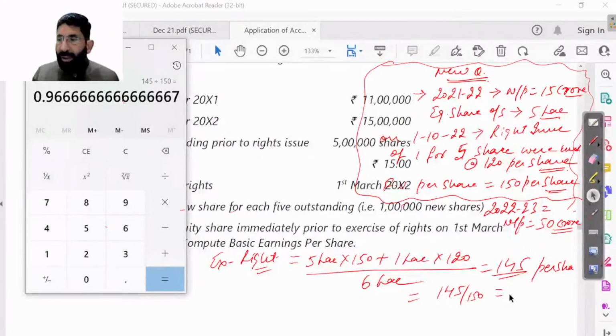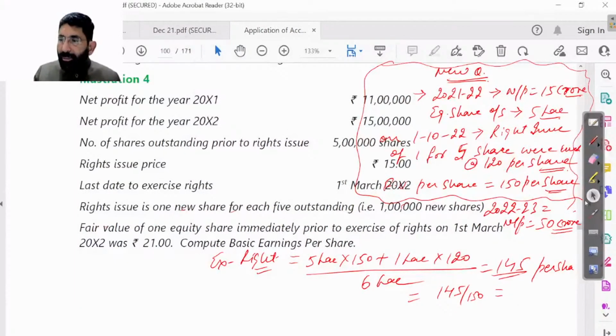So this is 0.967. Sorry, I have done it reverse. It is 150 divided by 145, beta.